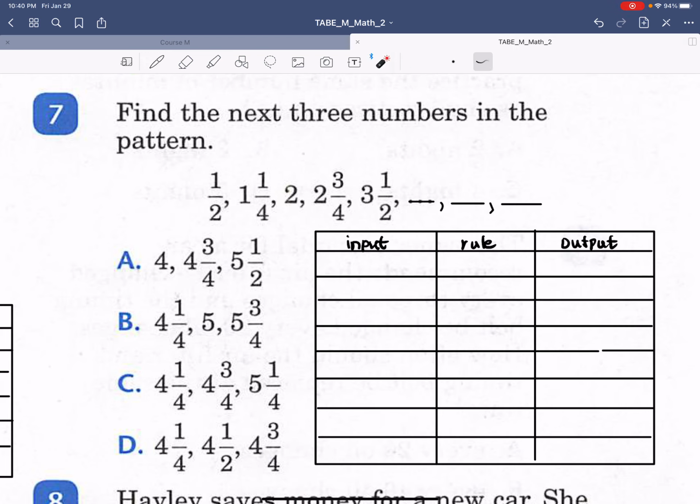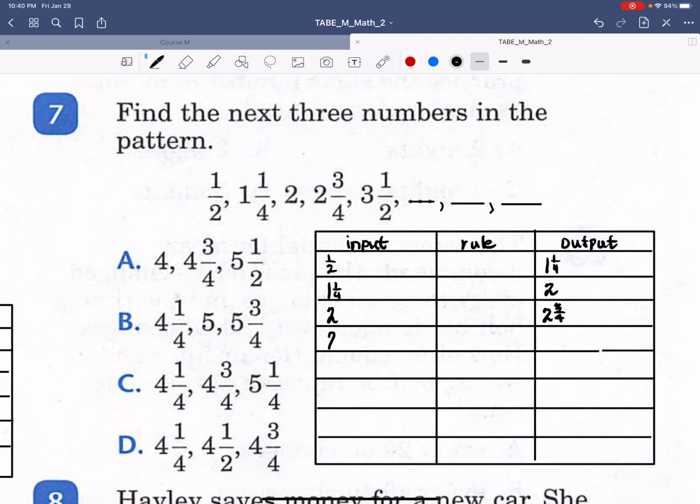Now, the 1/2 and the 1 1/4 are side by side, so that's an input and an output. I'm going to do 1/2. Notice how I'm lining these up. Leave yourself some space. Then 1 1/4 goes with 2. 2 goes with 2 3/4.